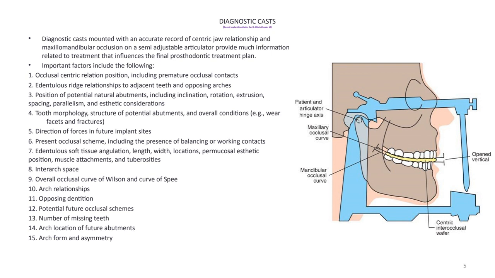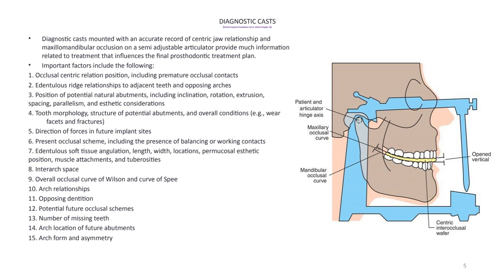One very important aspect is to mount the cast on a semi-adjustable articulator, and the doctor can take a bite registration or even a facebow record, and we can use that to mount the cast correctly.